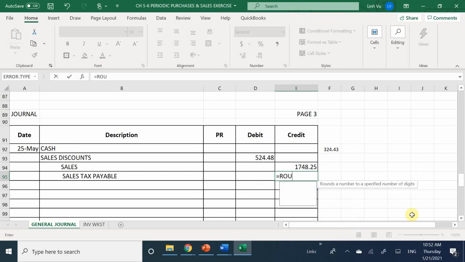So I'm going to go equal round, this minus this, multiply that by the tax. Okay, and what should I get for the tax? $100.96.